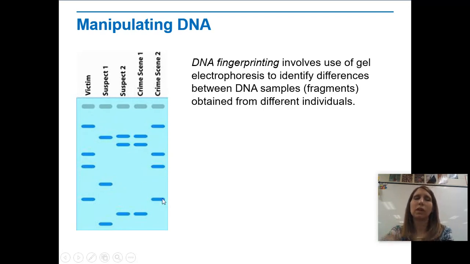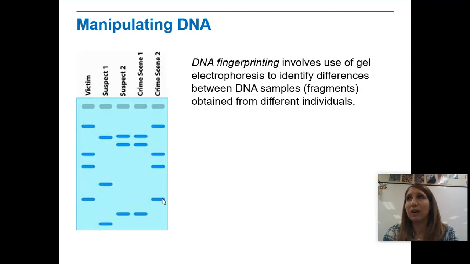So a DNA fingerprint has actually been used many, many times to exonerate wrongfully convicted people for crimes that they didn't commit by analysis of DNA samples, right? It can also be used to convict people of crimes where they've left DNA behind. So it can be used for all sorts of different things.